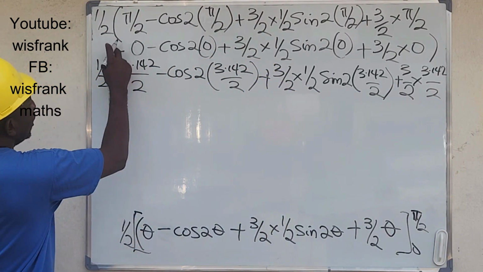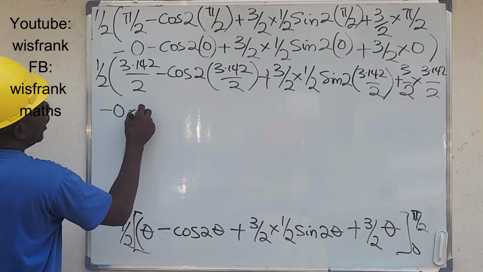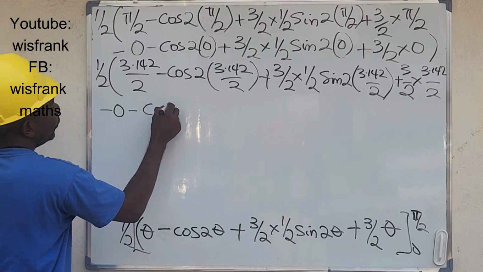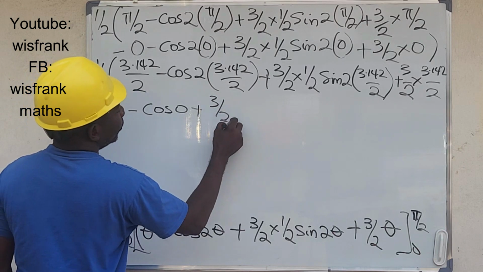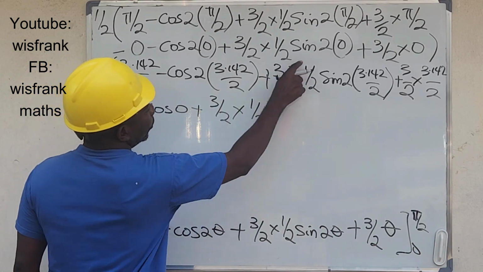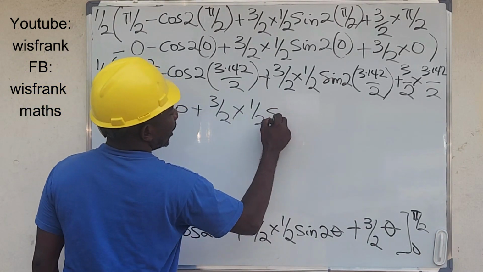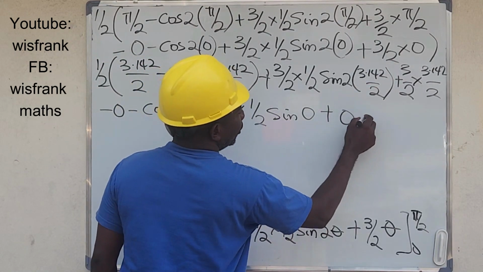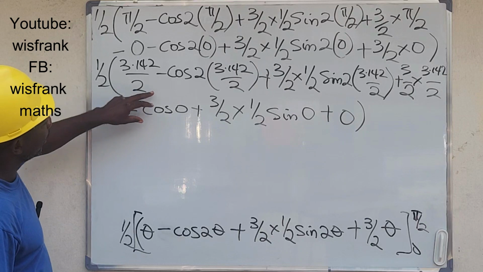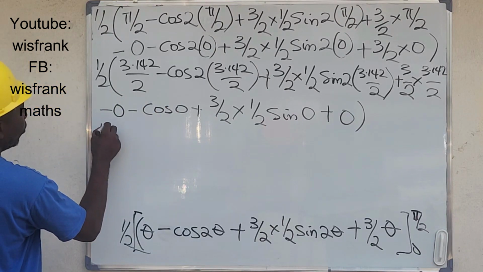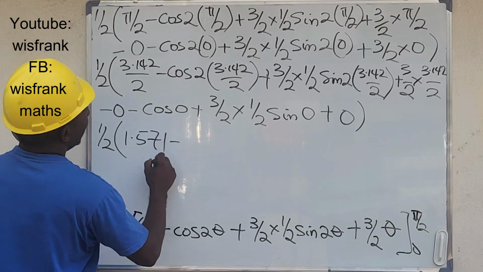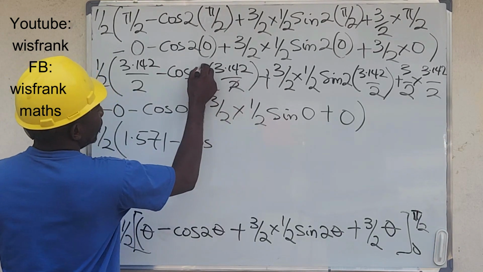Then the second line, here we have minus 0 minus cos 2 times 0 is cos 0. Cos 0 plus 3 all over 2 times 1 all over 2 sine 2 times 0 is sine 0 plus 3 all over 2 times 0 is 0. So that is what we have. We can further simplify this. This will become 1 all over 2 into 1.571 minus cos, here 2 will cancel here, 2 will cancel here.